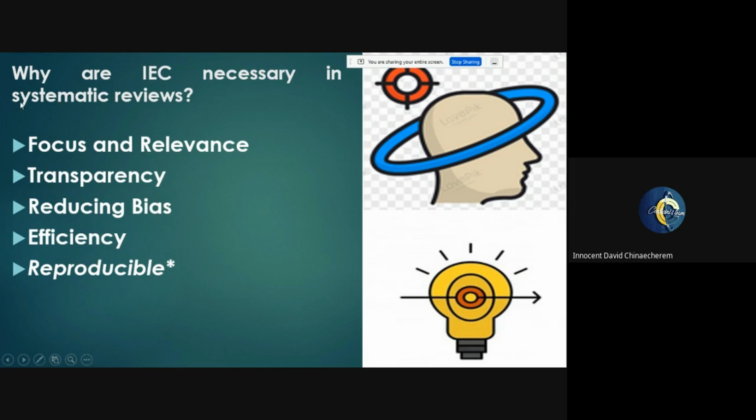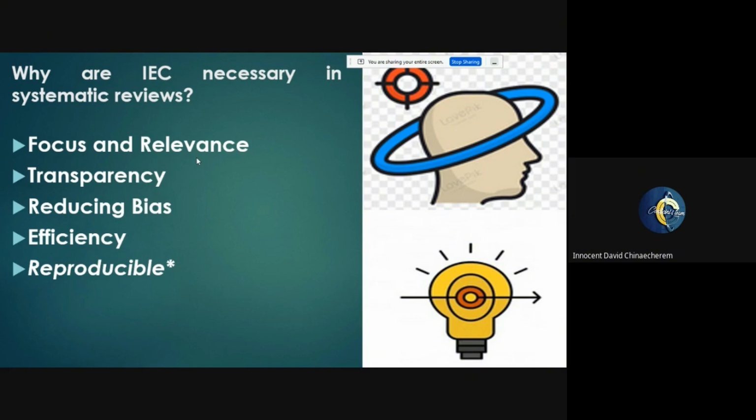Because when you're performing a systematic review, the reviewer is interested in what you have said you're going to include and exclude. So you have to make it transparent, you have to clearly lay it out, and in that way it's going to reduce bias, so that along the course of doing it, you wouldn't have to start going out of plan or doing what you didn't state, right?